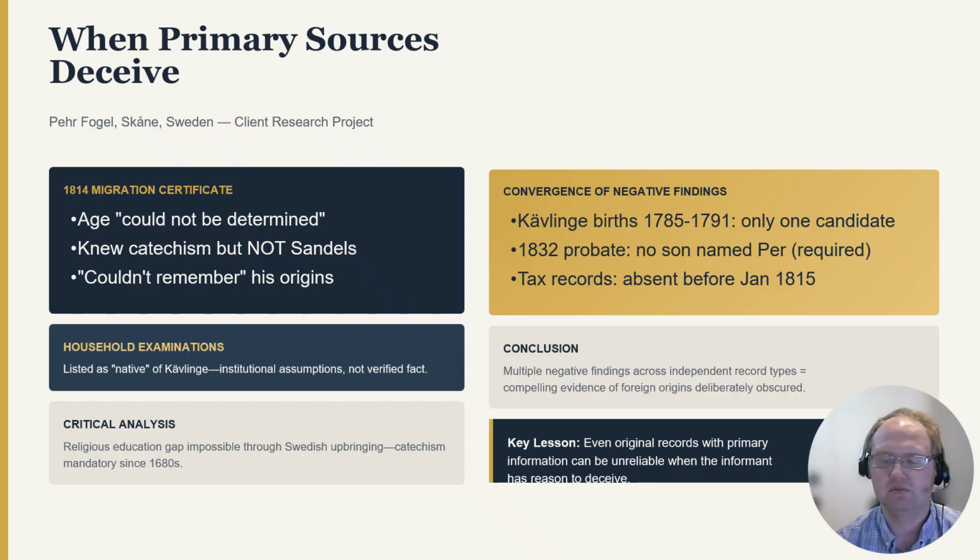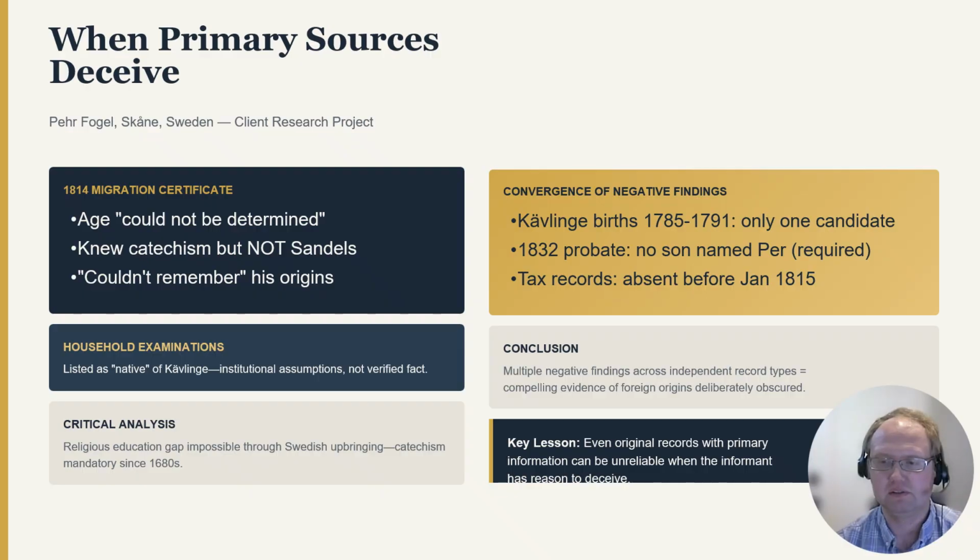I had a project I completed recently, and it was basically somebody had made a claim in the household records. It was assumed, since it was written, that he was a native of this parish.